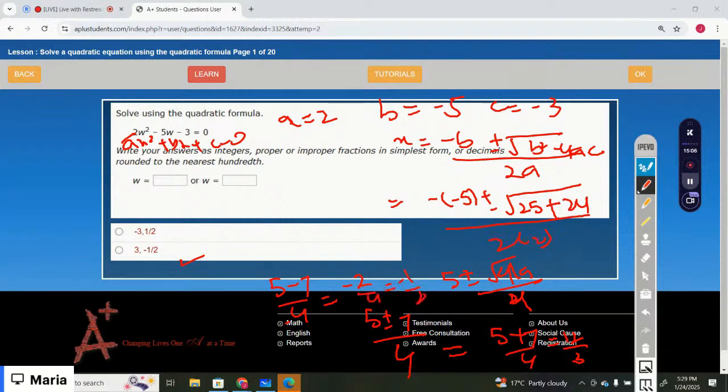The values are 3 and negative 1 over 2. You simply have to put the values of a, b, c in the quadratic formula. You have to just evaluate the formula.